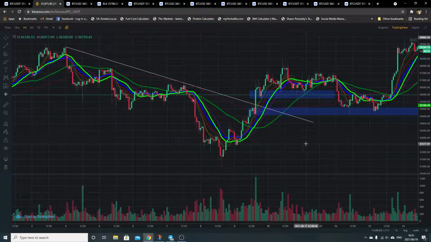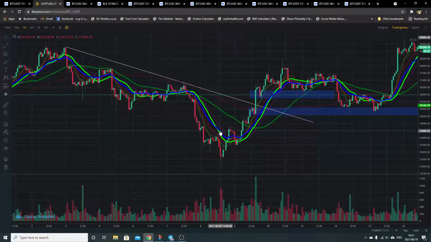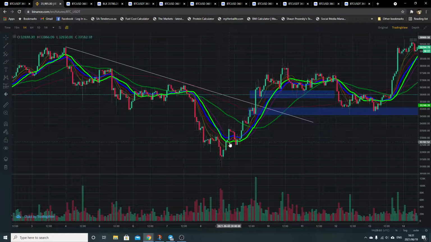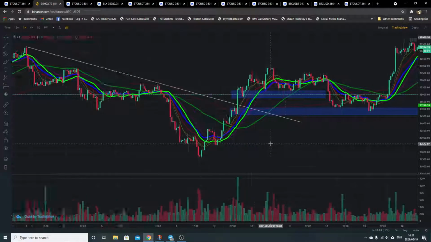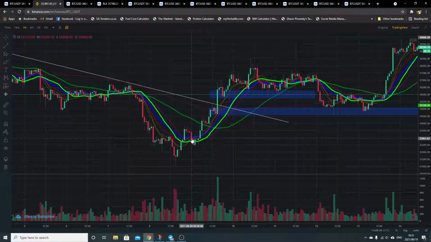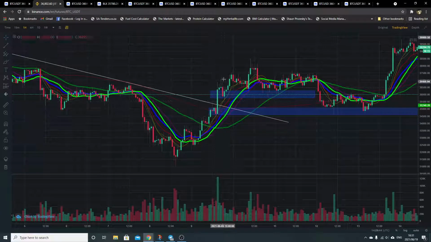Here you've got the 21 EMA, which is the blue, and the 20 MA, which is the light green. They flipped. The blue was on top of the green, and then they flipped, and then there was enough buying pressure to push the Bitcoin price up and over the 50 MA, over the 100 MA, and then we got a crossover here, and then price kept on going up.